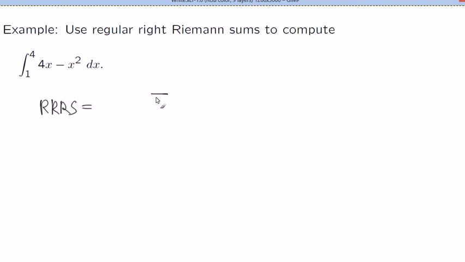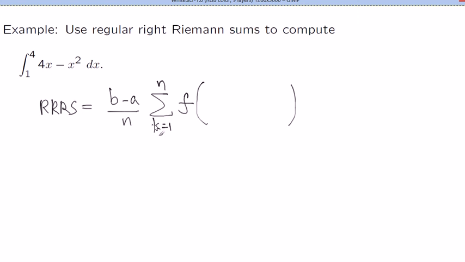There's a sigma out there, right? k is going from 1 through n all the time. What's outside this sigma? b minus a divided by n. Thank you. What's inside here? Function f, right? But what's inside that function? f of x_k, the right endpoint.